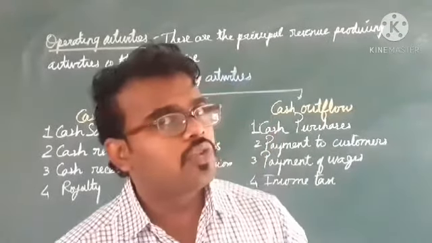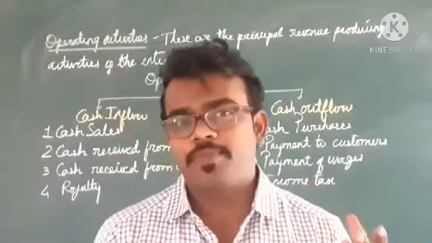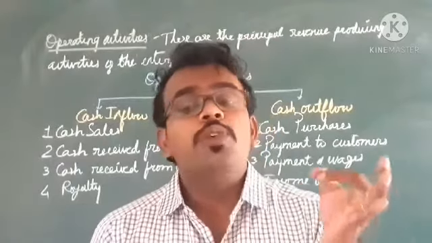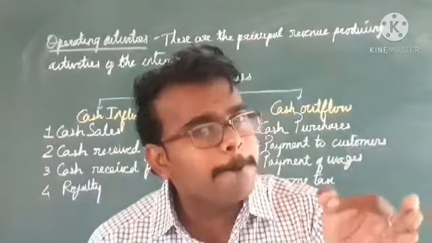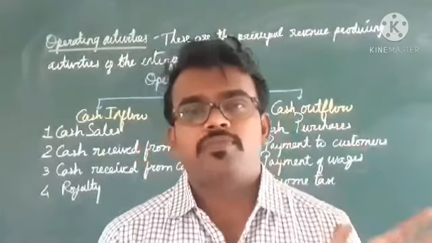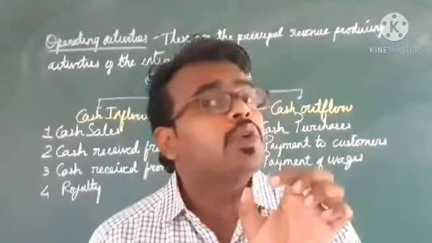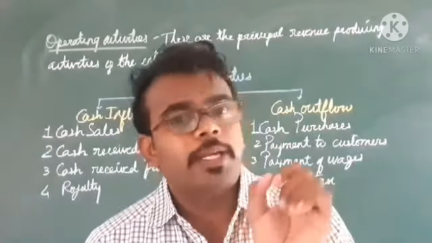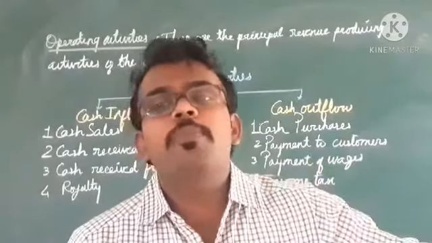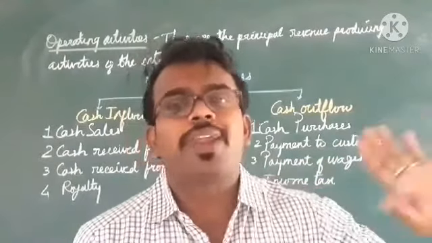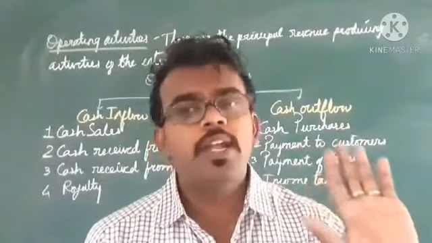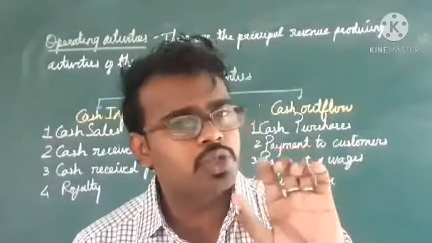What is cash outflow? Cash purchases. Cash purchases means you are purchasing goods by paying cash. You are not a manufacturer of pens. You have to buy the pens from another company, for example, Cello. You have a bookstore.